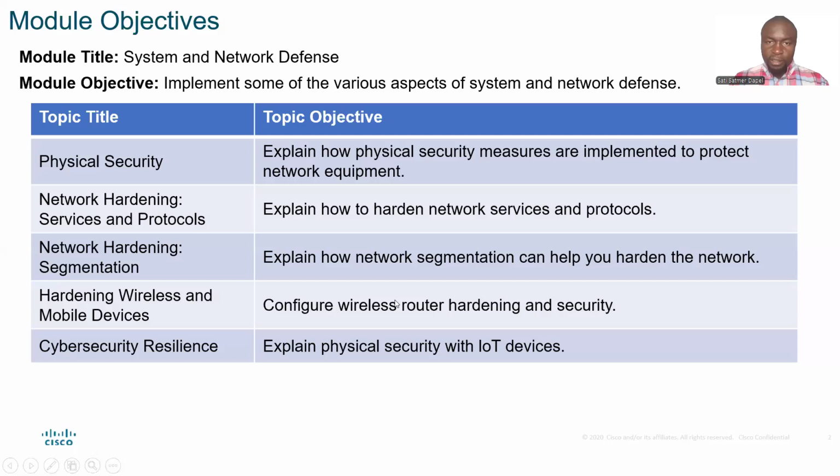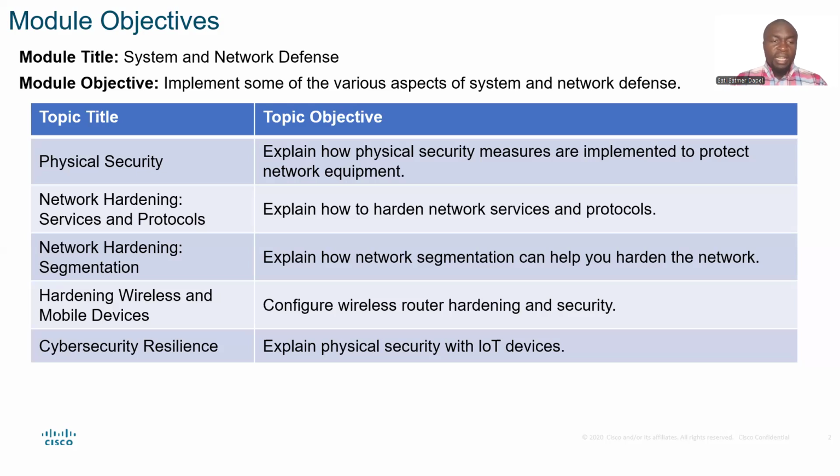All right. So we will be focusing on physical security, and we will explain how physical security measures are implemented to protect network equipment. Then we will look at network hardening services and protocols, and we will explain how to harden network services and protocols.